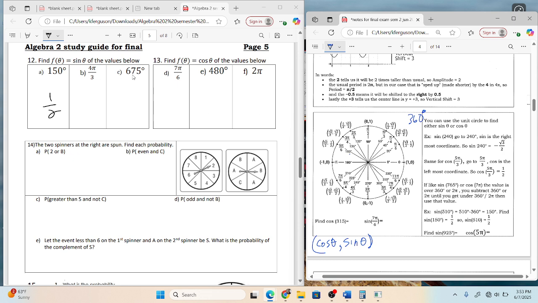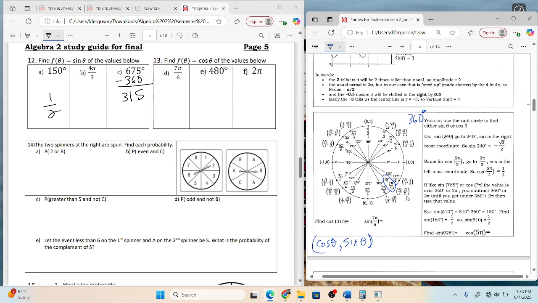So if I have something that's bigger than 360, what I need to do is subtract 360 until I get a value that is below 360. So I subtract here, I get 315. 315 is smaller than 360, so I can find 315 on this chart. And I'm looking at sine.